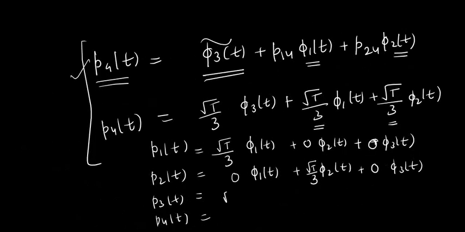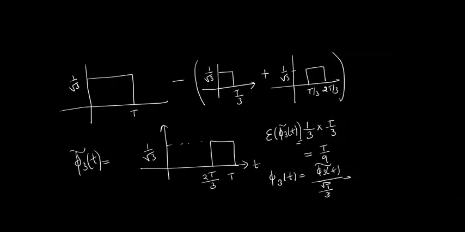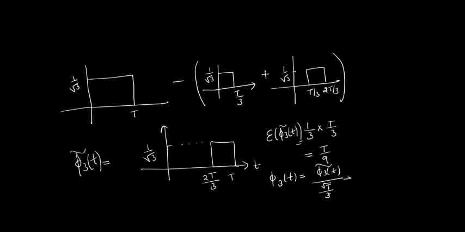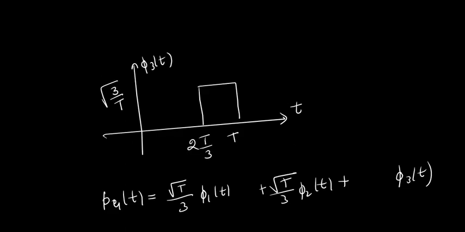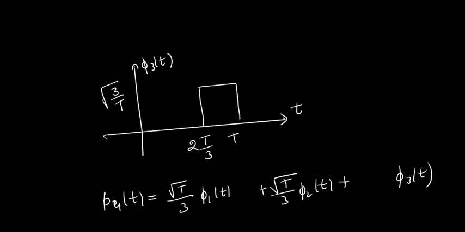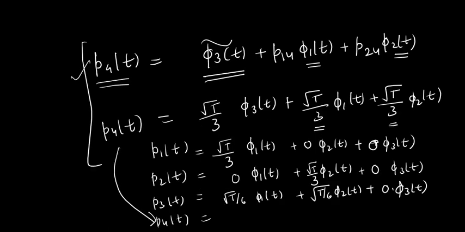So root T by, please let me know if I am making any calculation mistake. Zero of phi 3(t). Similarly, what will p4(t) be? We have already written this, right. Please let me know if I have made any mistake.